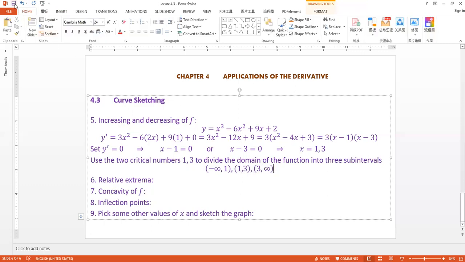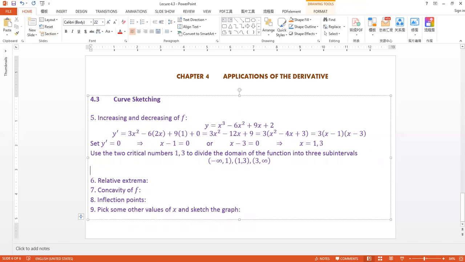And then inside each subinterval, the function is either increasing or decreasing. It will not change its behavior. So let's just pick a test value of x in each subinterval and see whether the derivative is positive or negative.